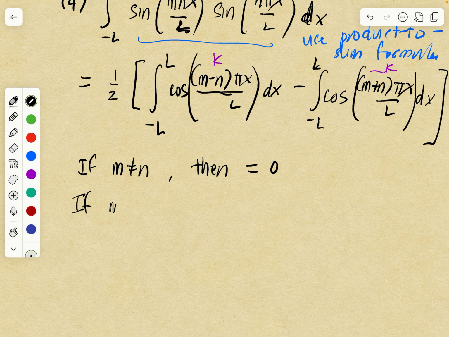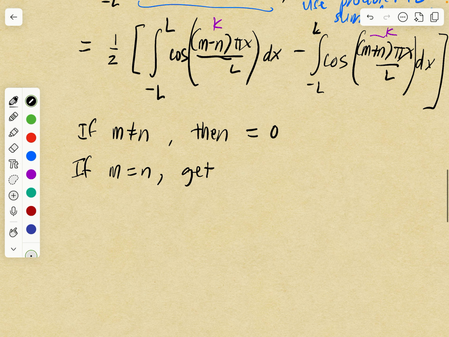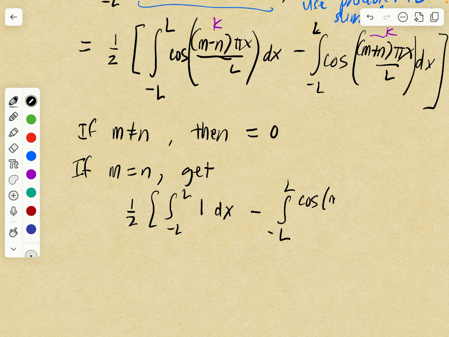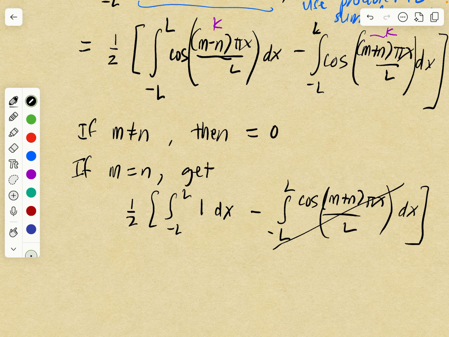On the other hand, if m is equal to n, then we end up getting 1/2 times the integral from negative L to L of cosine of 0, which is 1, minus the integral from negative L to L of the other term, which is 0 for the same reason as above.